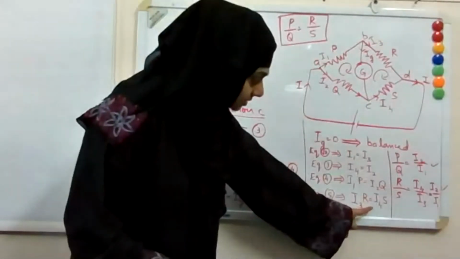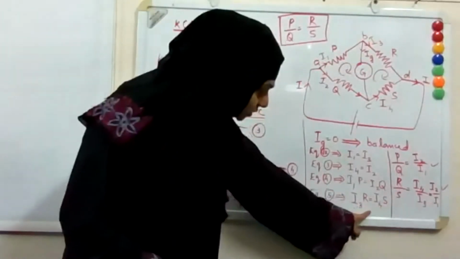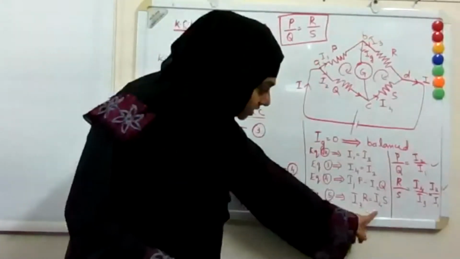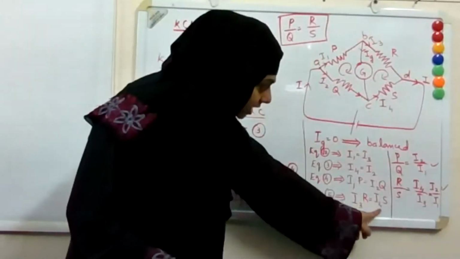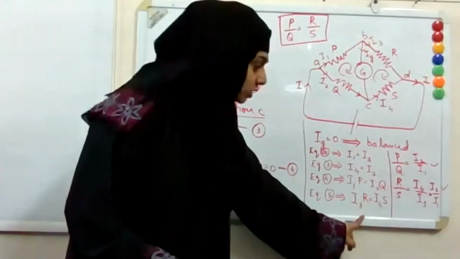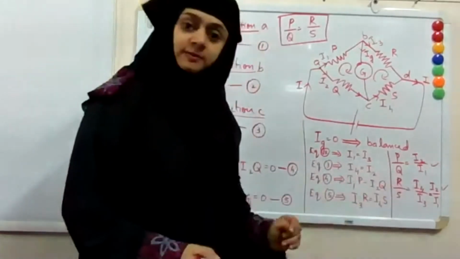From equation 5, if I take S to this side, this will become R by S. And if I take I3 to the other side, it will become I4 by I3. So I have written R by S is equal to I4 by I3.